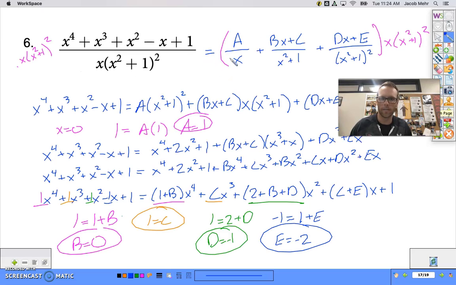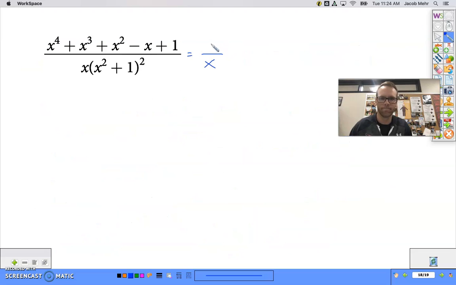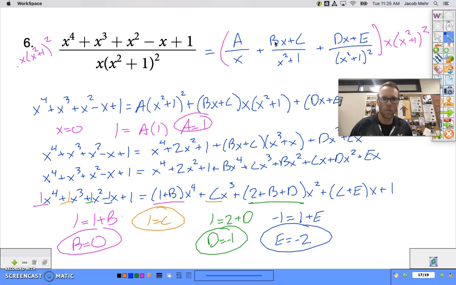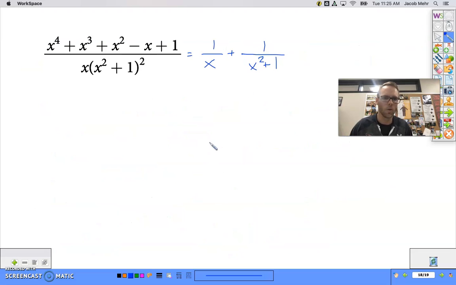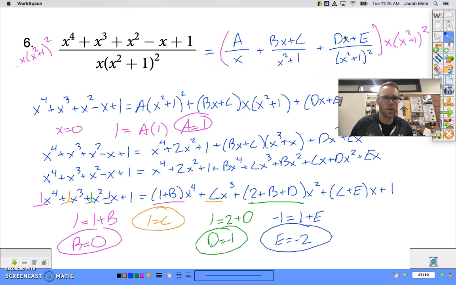What was our a? 1 plus, we had an x squared plus 1. Now that was a bx plus c. b is 0. So this is 0x plus c, which is 1. That's just 1. So it ended up being just a constant term, but we didn't know that. Had to solve it to find out. Now the x squared plus 1 squared term, that's dx plus e, so that's negative 1x minus 2.